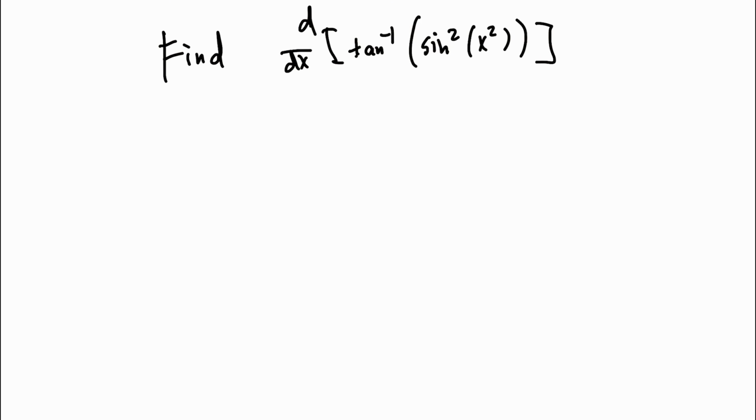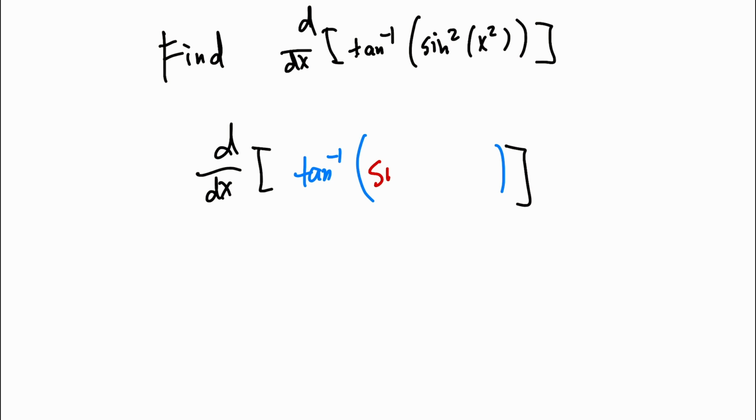Let's get started by color coding what composite functions we actually have, because this is obviously a multi-layer composite function. We have to use the chain rule over and over again to differentiate this thing. First of all, it's the tangent of the inverse tangent function, and inside that we have the sine.